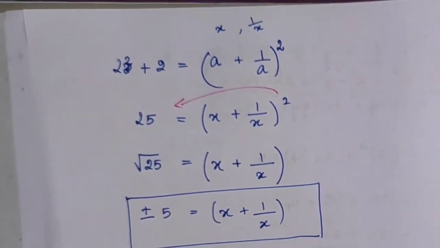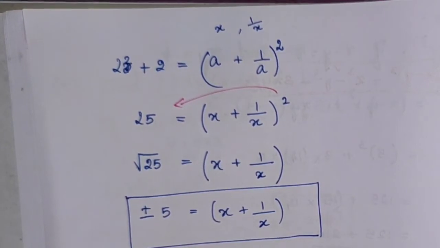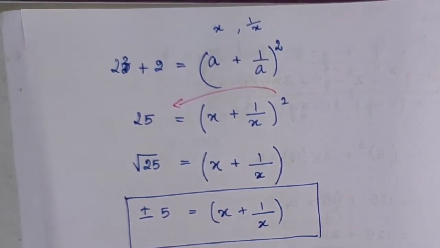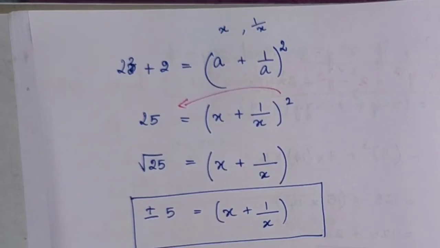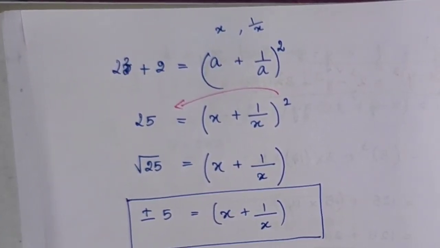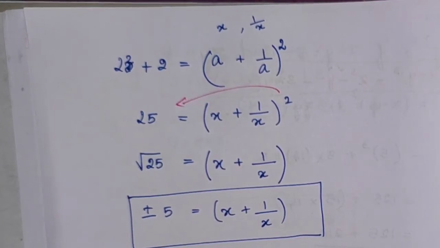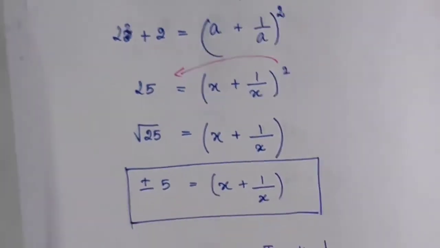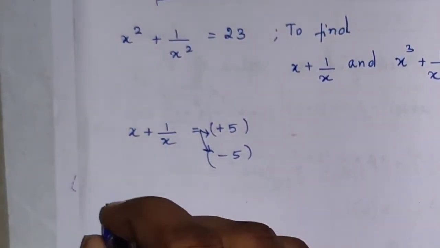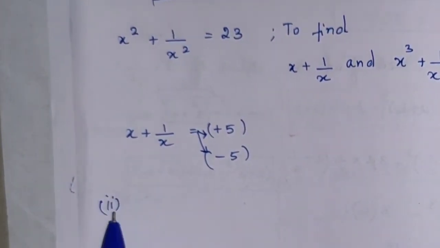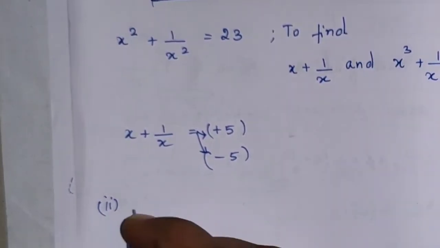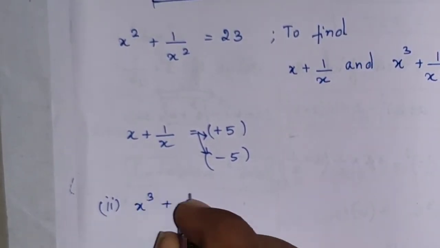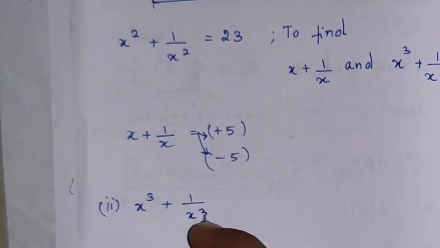So we have found there are two values. x plus 1 by x is equal to plus 5, also minus 5. There are two values, plus 5 and minus 5. Now we are going to find the second question, that is x cube plus 1 by x cube.